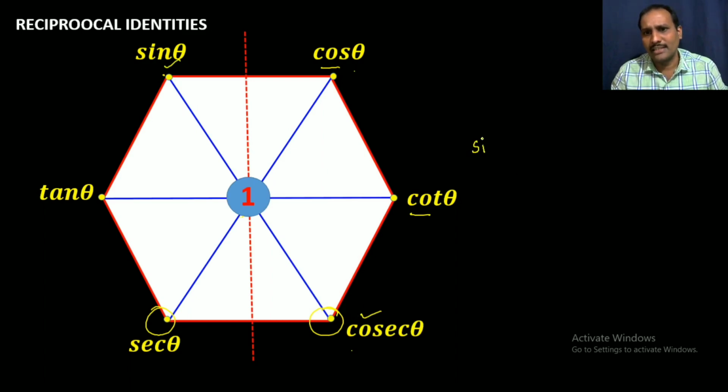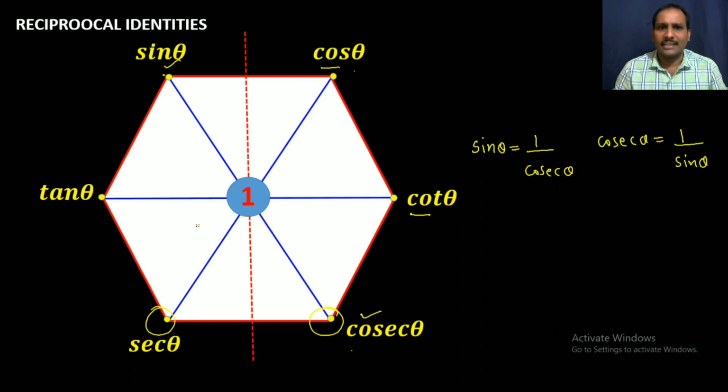So how to write this? Sin theta is equal to 1 by cosecant theta. Or you can take vice versa, like cosecant theta is equal to 1 by sin theta. Now you take the diagonal which is connecting cos theta and secant theta.